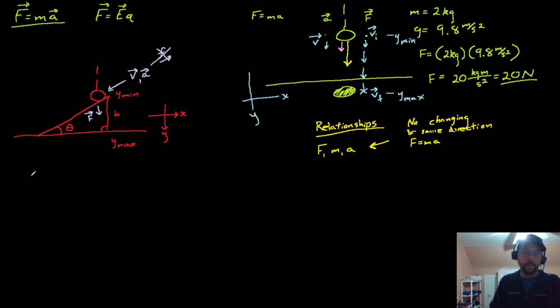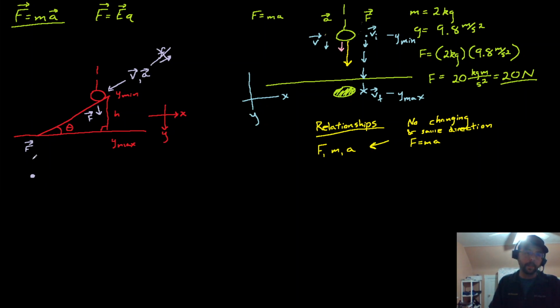Now we can redraw this in what's called a free body diagram, and we can just look at one or the other. So let's say we want to look at the forces. Normally you would only do this for the forces, but I suppose we can also do it for the other things. It won't be very relevant, but we can do it.